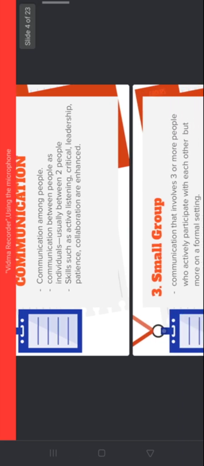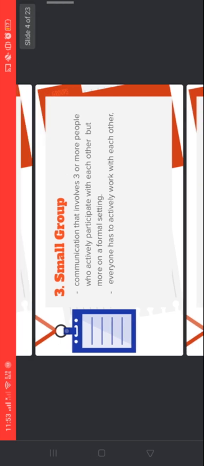For number 3, class, small group communication is three or more communicators. The process is that they are actively collaborating with each other, sharing your opinions, and of course, the same skills are being enhanced.